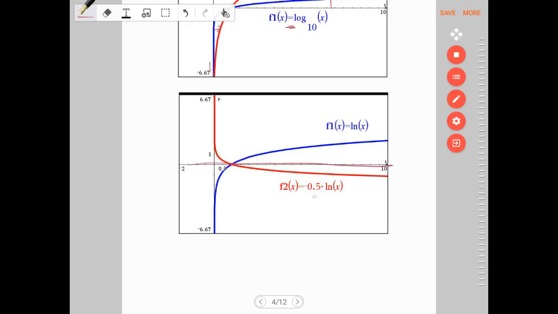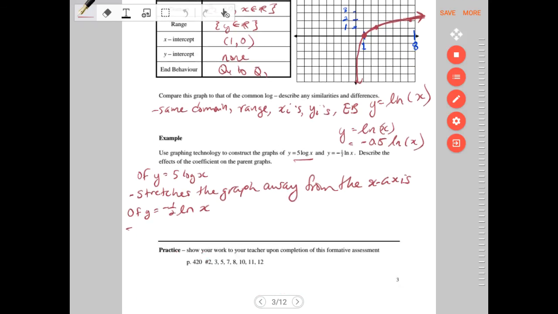So the 0.5, you'll notice that this one is a little bit further away from the x-axis than this one. So therefore, the negative causes it to flip over the x-axis, and the 0.5 causes it to get closer to the x-axis. Okay, so let's write that in there.